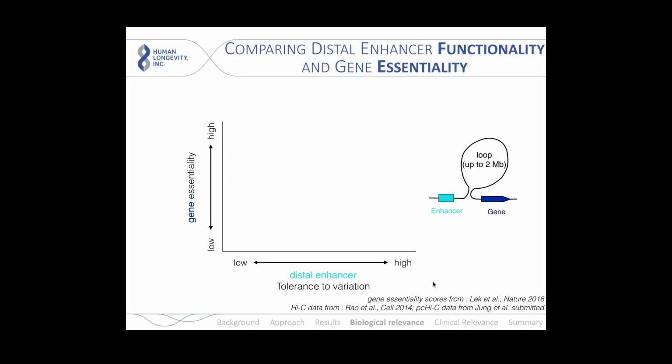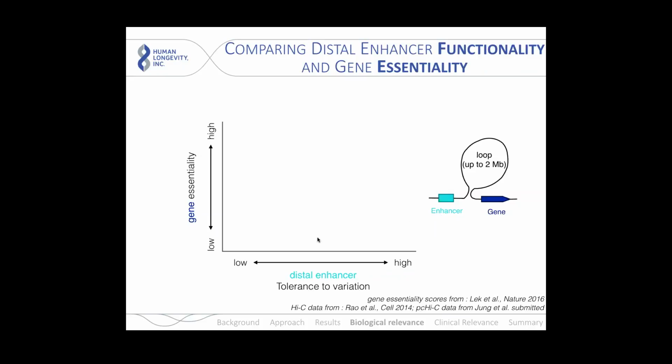And then we also used promoter capture Hi-C data from our collaborators, which directly assesses promoter interaction with distal regions, which makes it easier to then associate the promoter to the enhancer.